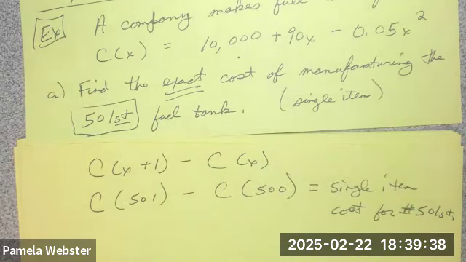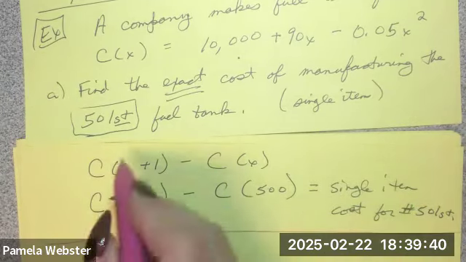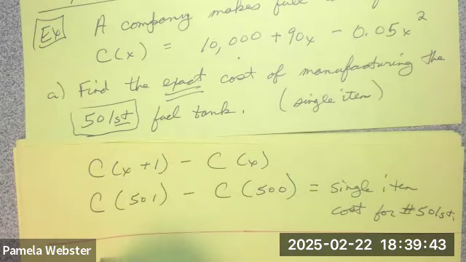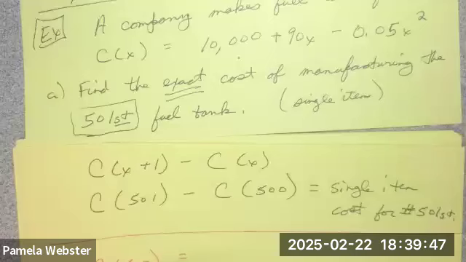Okay, so before I can do this, I'm going to have to do a little bit of substituting in. I need to find the cost of 500, and I need to find the cost of 501.